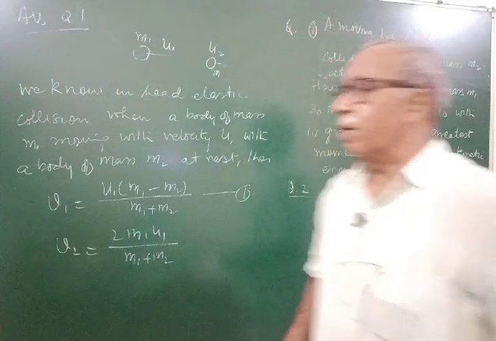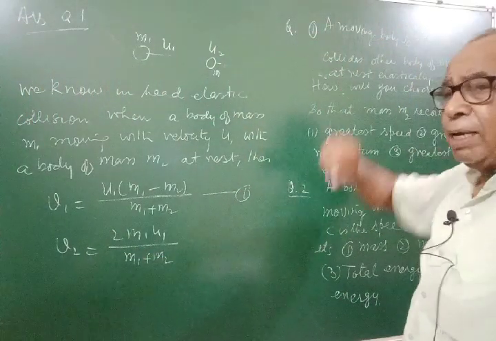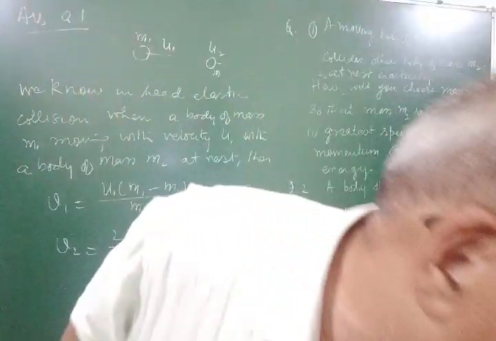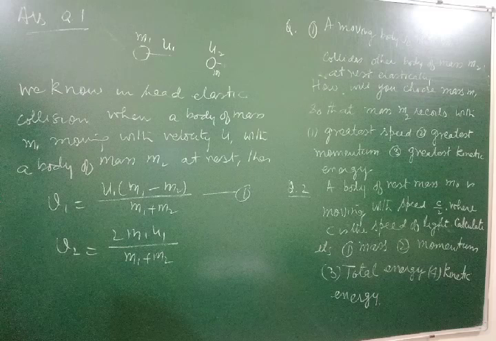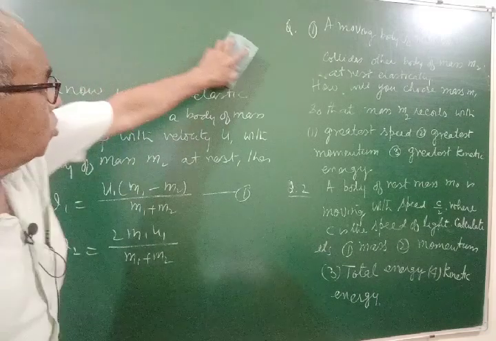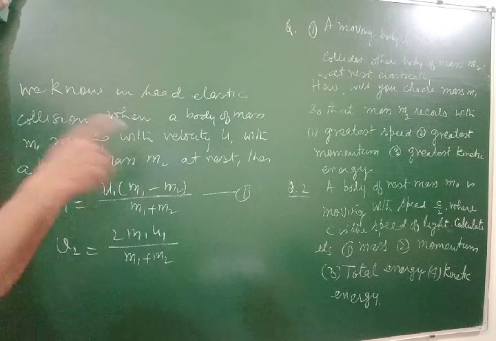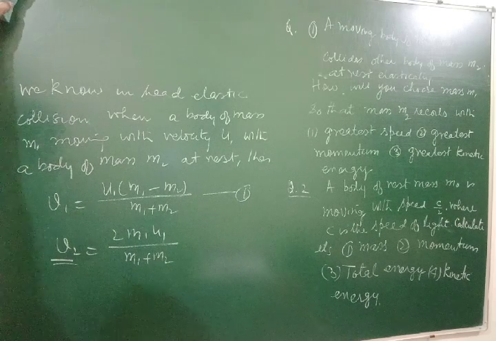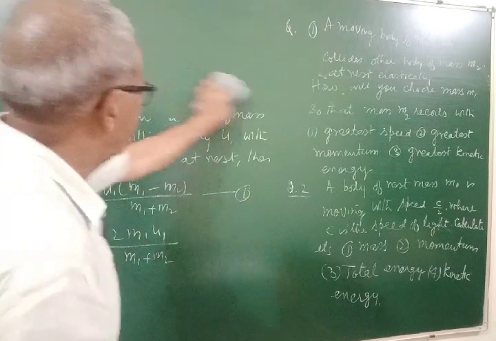If you remember this result, good; otherwise you have to derive it by applying the laws of momentum and energy, and the basic fact which you want to prove, you will forget. So number 1, mass m2 is required to recoil with maximum speed v2.